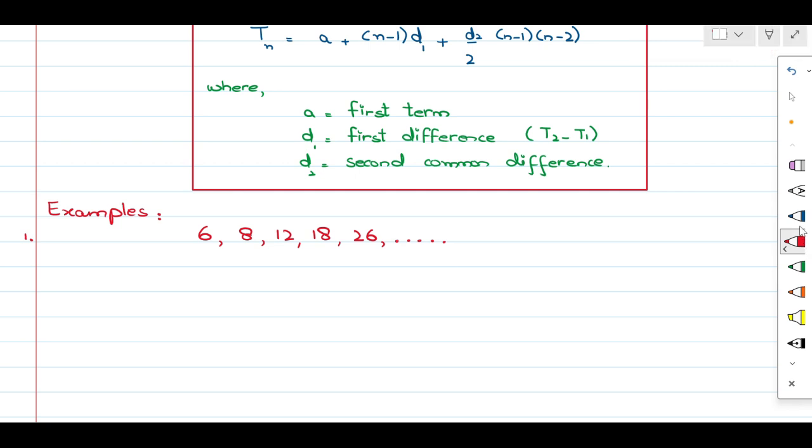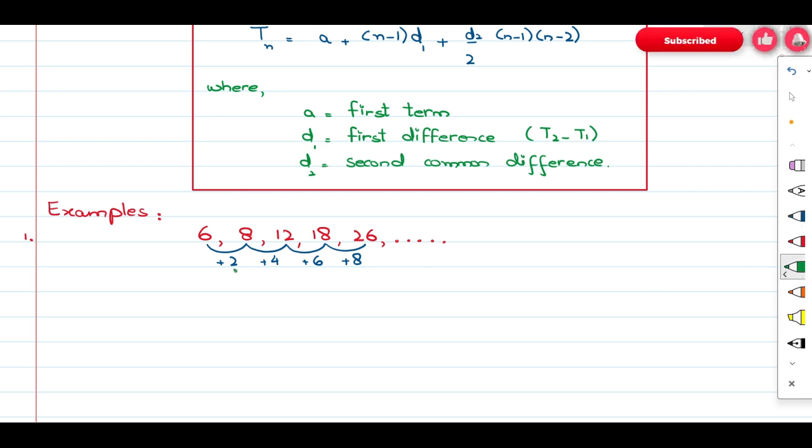The difference between 6 and 8 is plus 2. The difference between 8 and 12 is plus 4. Between 12 and 18 is plus 6. Between 18 and 26 is plus 8. So this is the first difference, which is not constant.